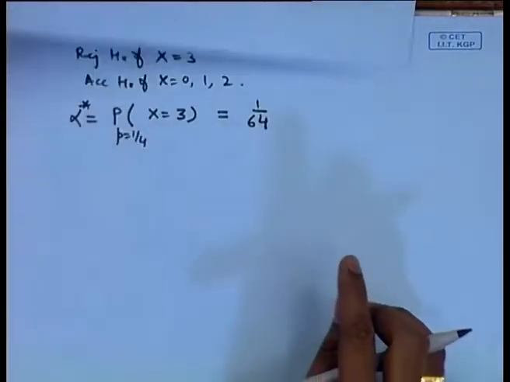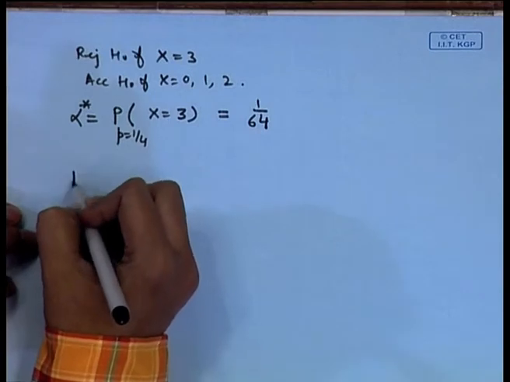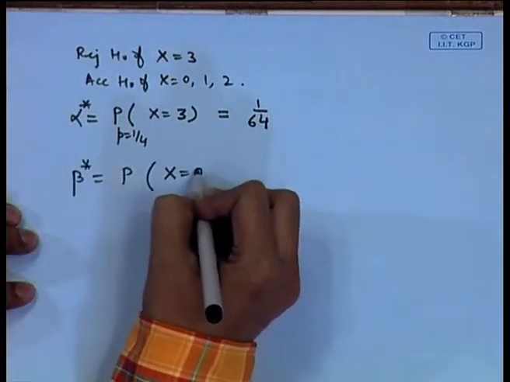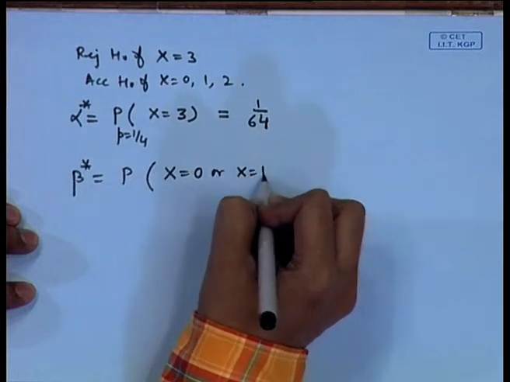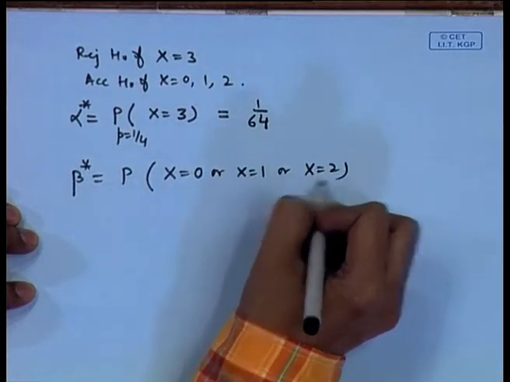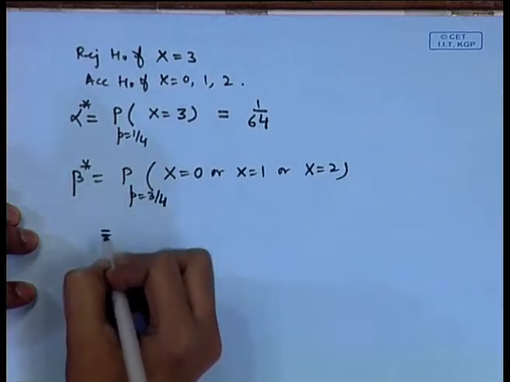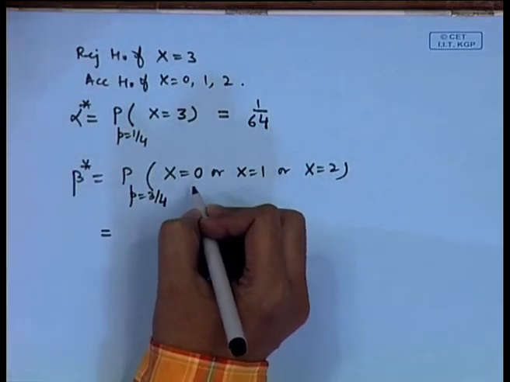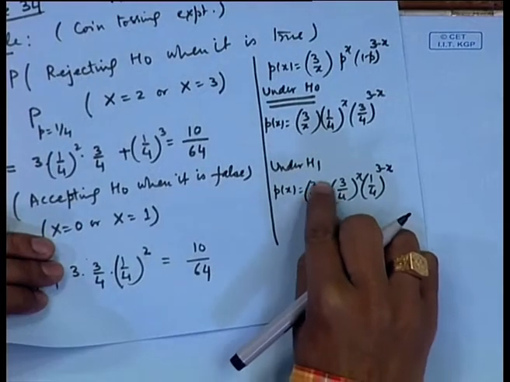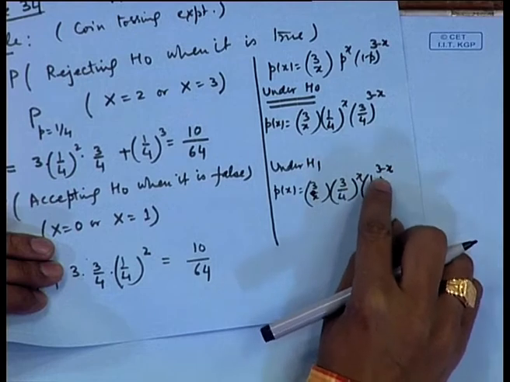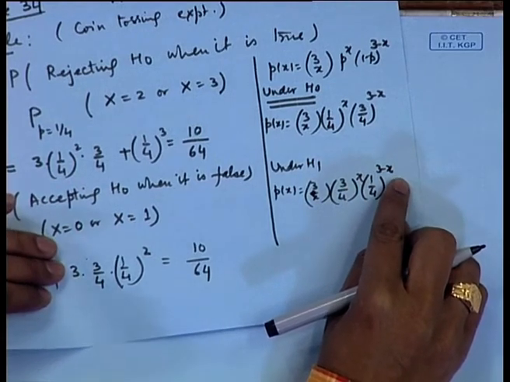But now, let us see what happens to the probability of type 2 error. Beta star, that is probability of x equal to 0 or x equal to 1 or x equal to 2 under p equal to 3/4. So, when p is equal to 3/4, the probability distribution of x is given by 3 c x, (3/4)^x, (1/4)^(3-x).